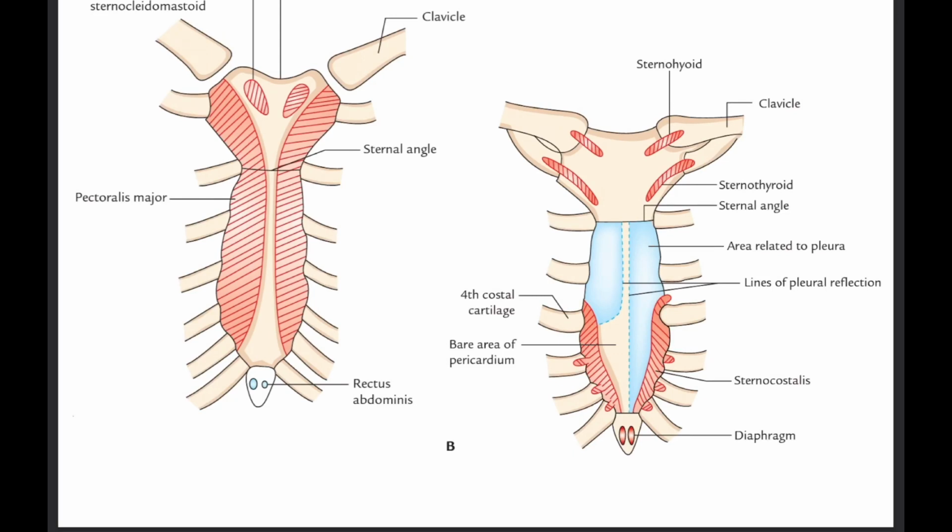The lateral border articulates with the second to seventh costal cartilages. This is the costal cartilage. Second, and this one is the seventh costal cartilage. The second costal cartilage articulates at the side of the manubriosternal junction. Here, this is the sternal angle.